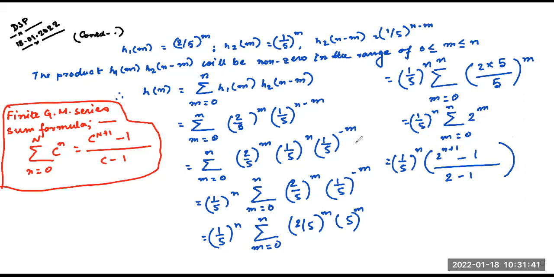So that equals (1/5)^n into (2^(n plus 1) minus 1), for n greater than or equal to 0.